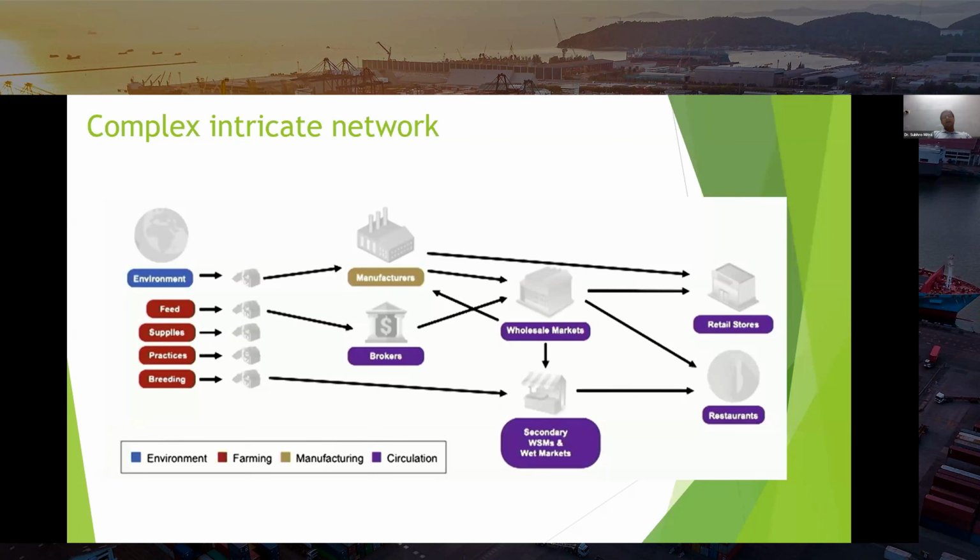In most cases, it goes to a broker who determines the price, and from there it goes to the wholesale market. From there, it can go to a processing plant, a retail store or a restaurant.